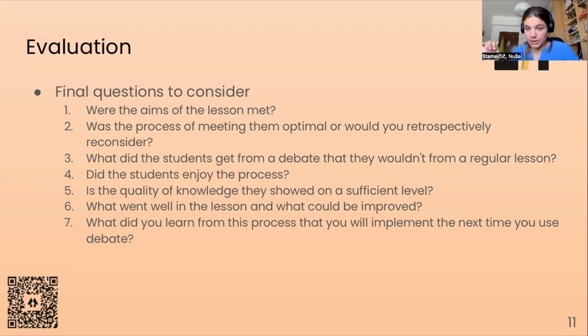What could be improved? And here, in question number 6, so what went well, what could be improved? Try thinking if the activities that may not have gone so well, is it the fault of the activity, or was there maybe something special in the group?